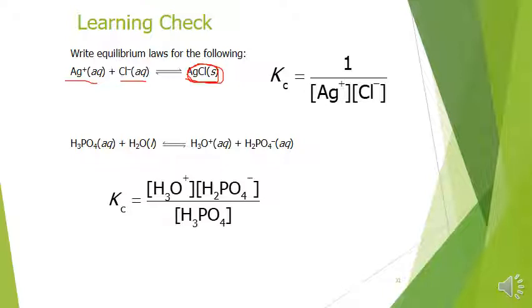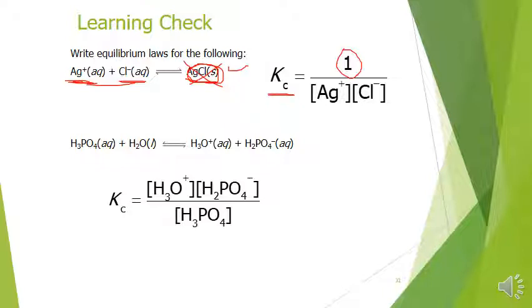But for these, because the particles are spread out more, the volume changes. So we'll cancel it out, and we'll end up getting the product, which we're going to say is 1 over our reactant. Okay, and we're going to be using this type of reaction when we get into solubility.